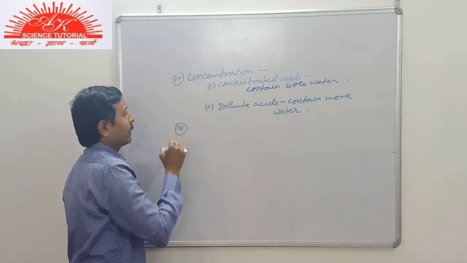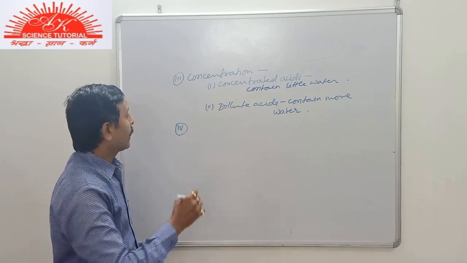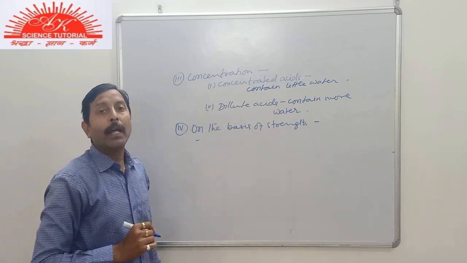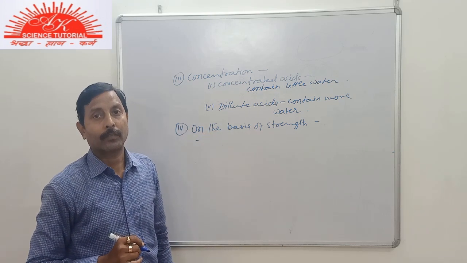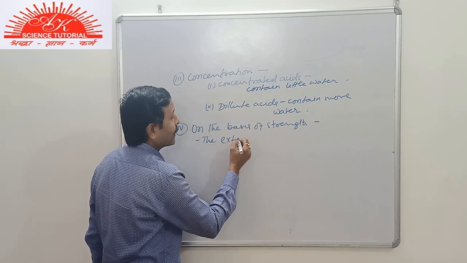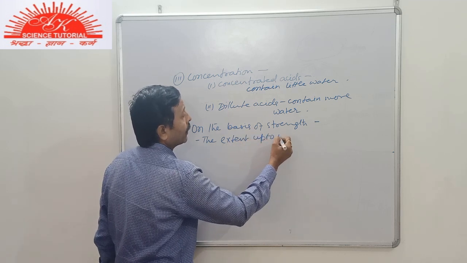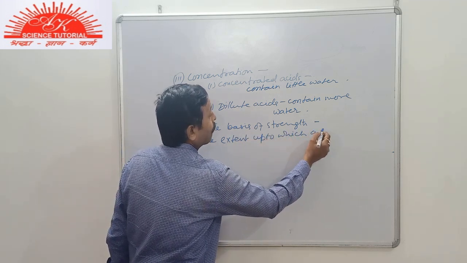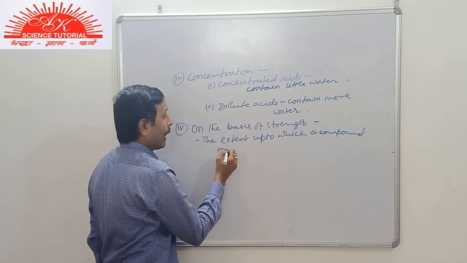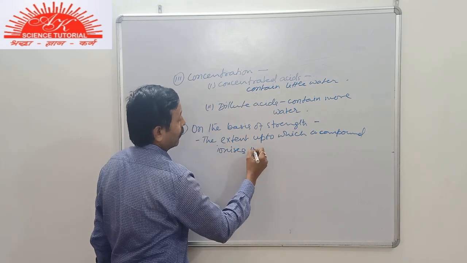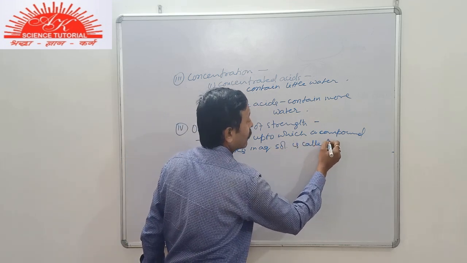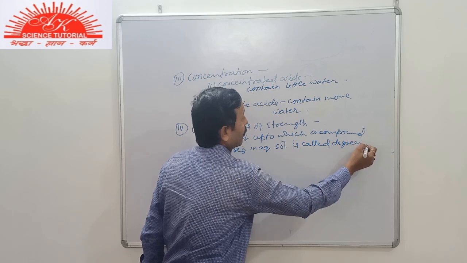Now, the fourth basis of classification is on the basis of strength. Strength is defined by the degree of ionization. The extent up to which a compound ionizes in aqueous solution is called degree of ionization.